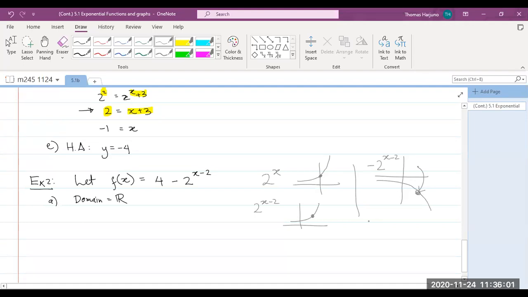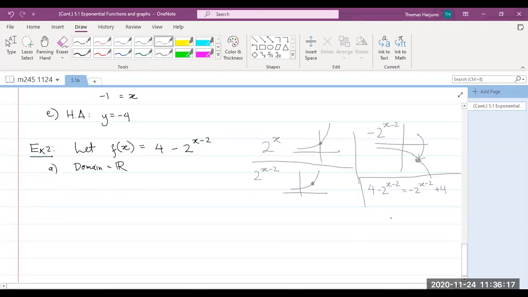And then finally 4 minus 2 to the x minus 2, that's the same as negative 2 to the x minus 2 plus 4. Okay, that's what it means. So you can say you basically move 2 units to the right, 4 units up. The horizontal asymptote originally y equals 0, right? Now you move up 4 units.